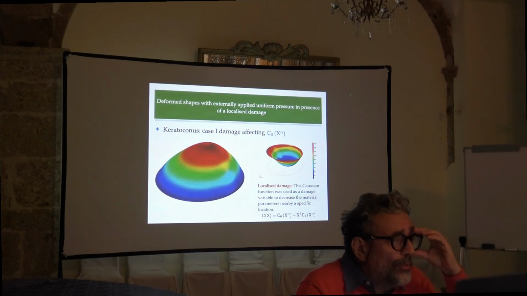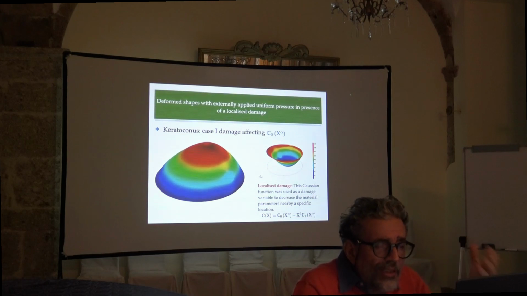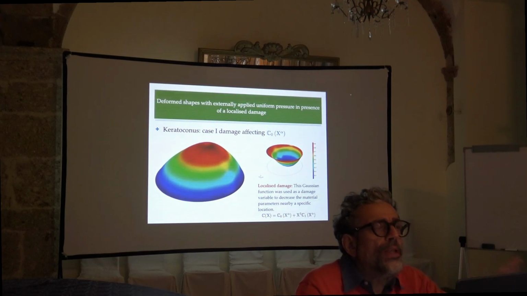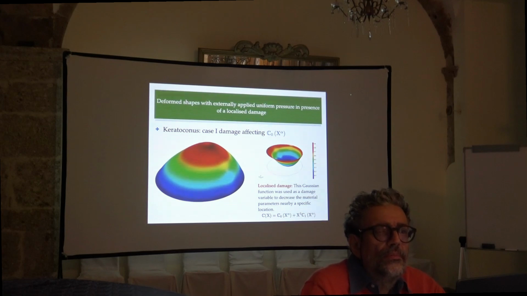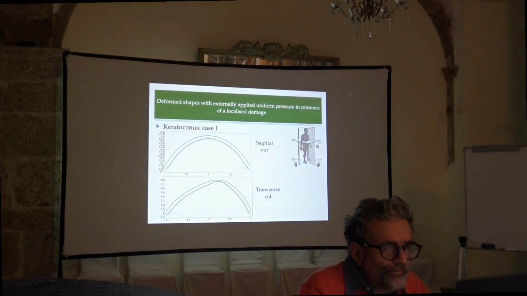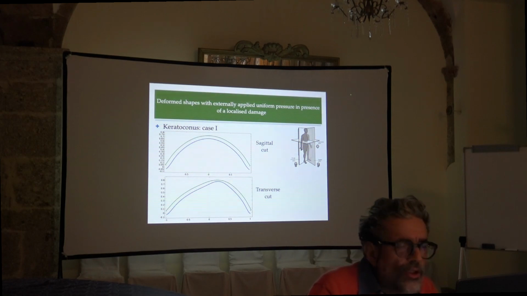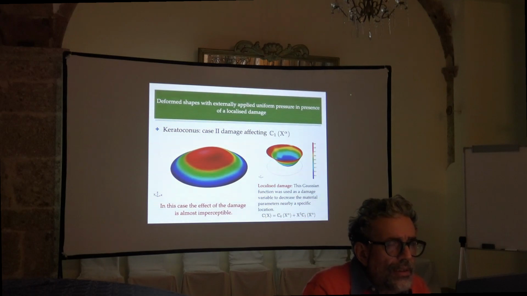I asked biologists, medical doctors, and they told me that there is no biological reason for which the damage should be concentrated there. Okay? But in this way, we get rather reasonable shapes with this ad hoc assumption.